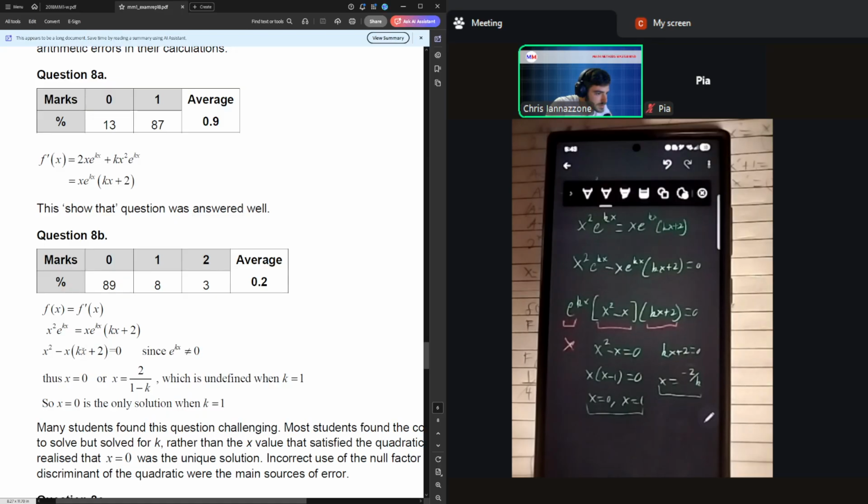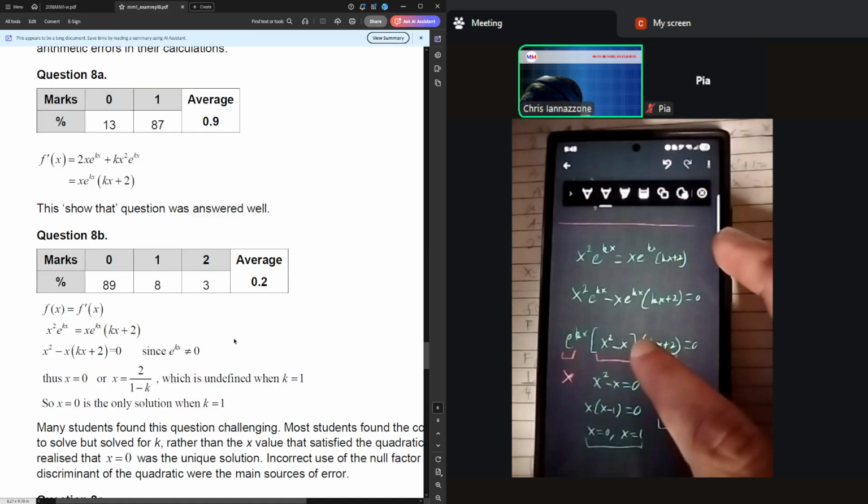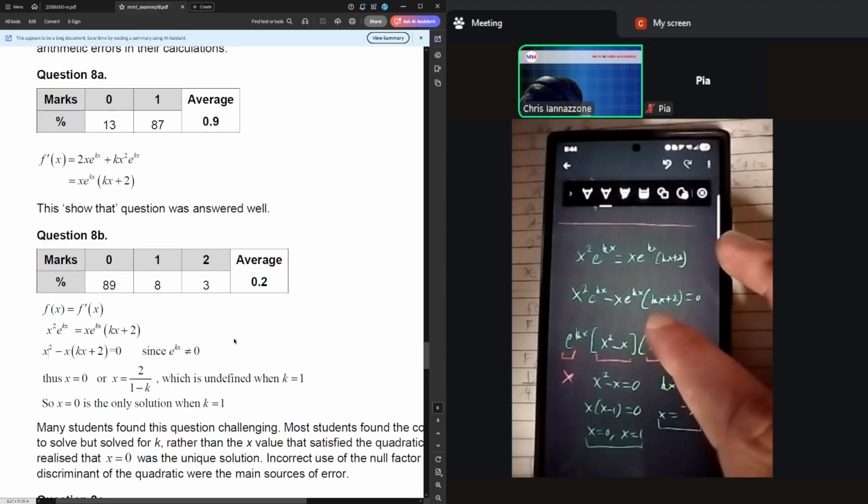1 minus... Huh. Oh, because there's no longer a multiply here. e to the kx comes out.